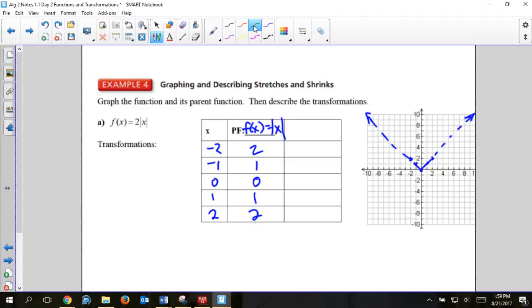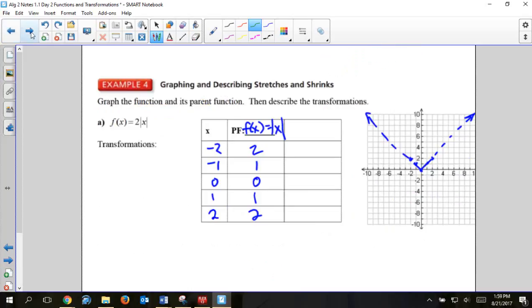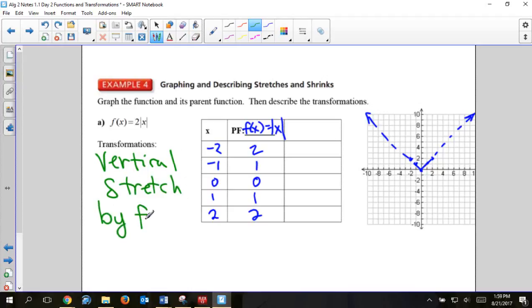So then we have to go to that chart and we just see, is this number a stretch or a shrink? So in that chart, it said, if the number is bigger than 1, is 2 bigger than 1? Then it is a stretch. So we write a vertical stretch and then you continue to write by a factor of 2.